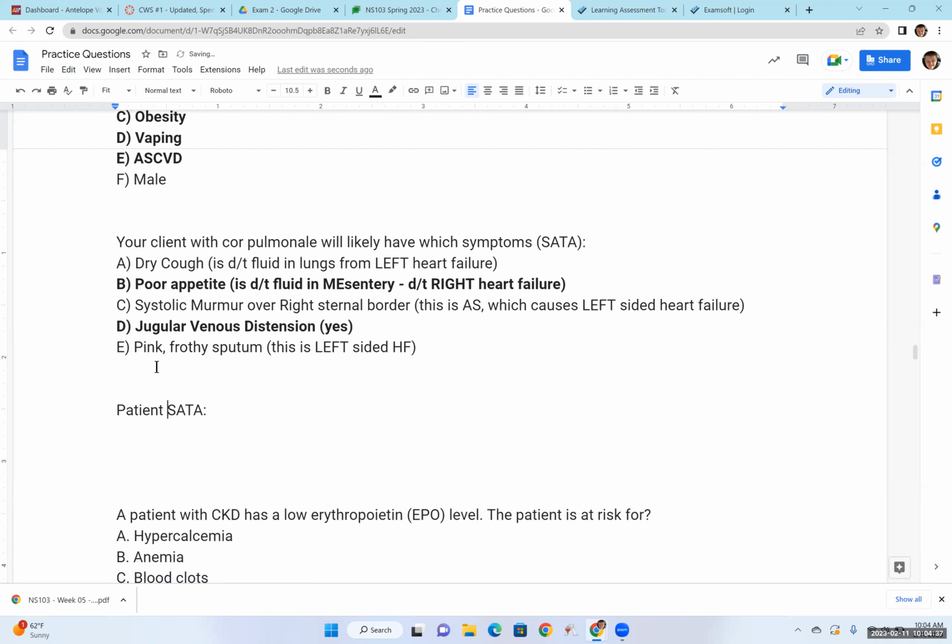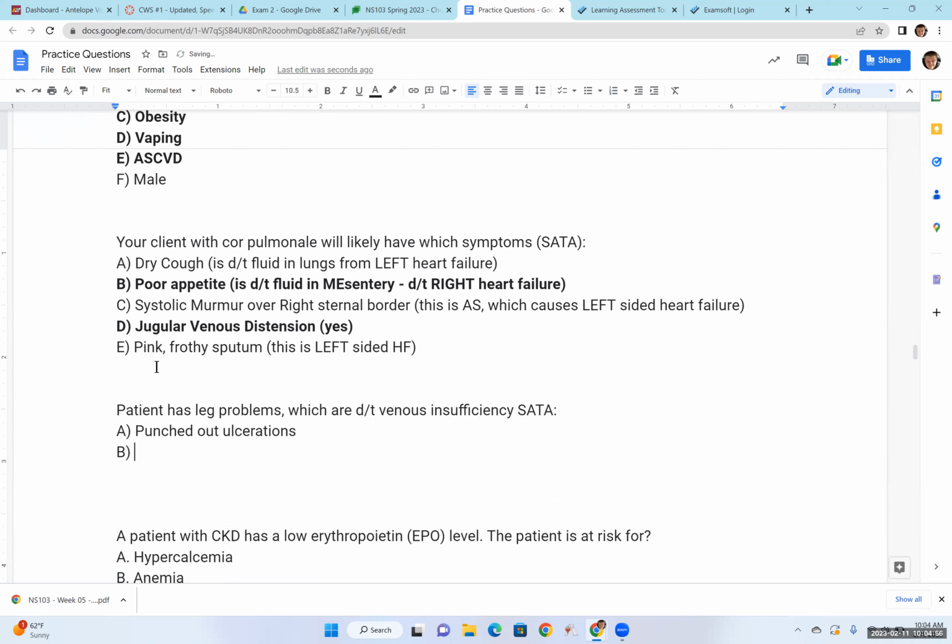Oh, you mean CAD versus PAD versus venous insufficiency, right? So punched out ulcerations, then we have what?